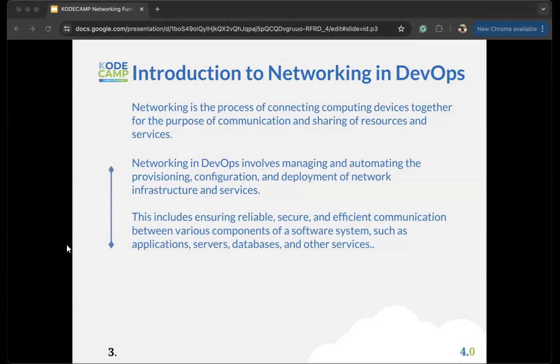This would cover everything from making networks and network connections between computers as reliable as possible.